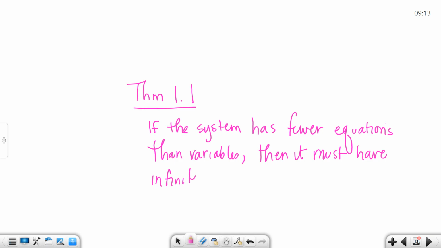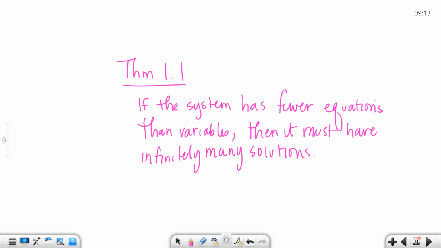There's 3 variables and 2 equations, so that would be. Okay, perfect.